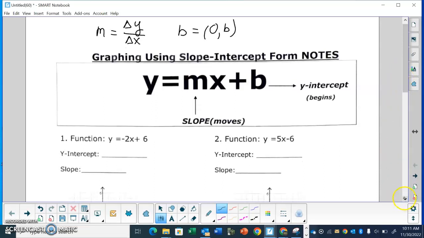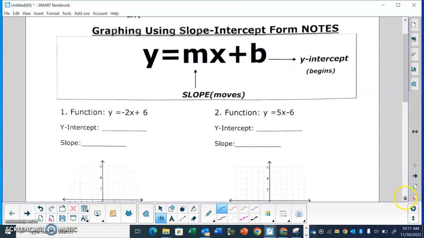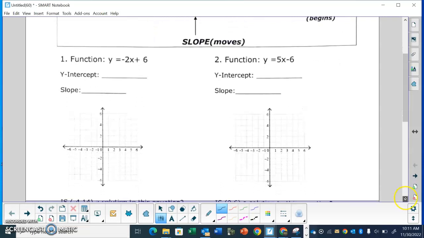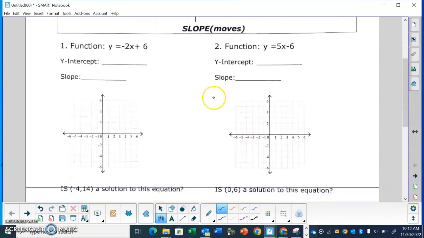So let's move this down a little bit. You can see where y, that's where we begin, and then we move using the slope. In this case, we have to identify the y-intercept, which is at x equals 0. Remember, the y-intercept is the point (0, 6). So let's plot that point on a graph.